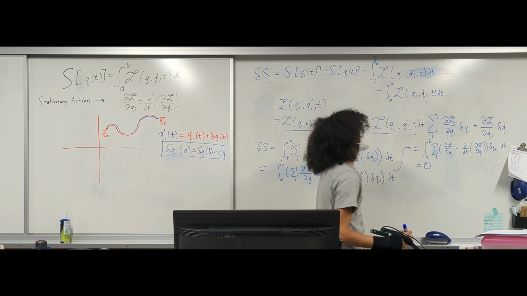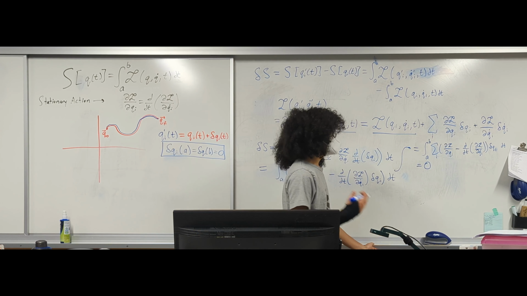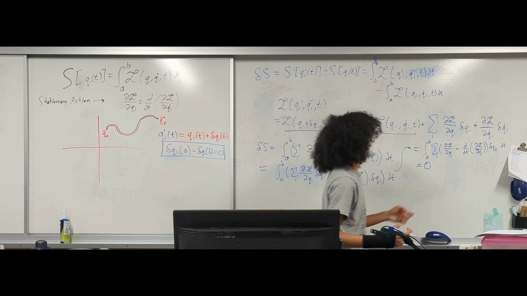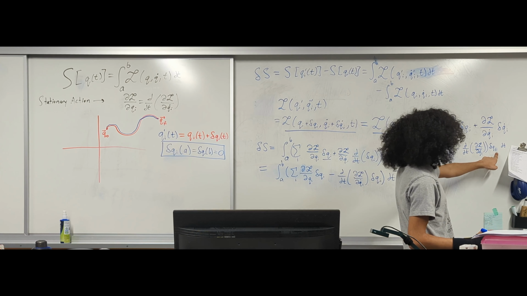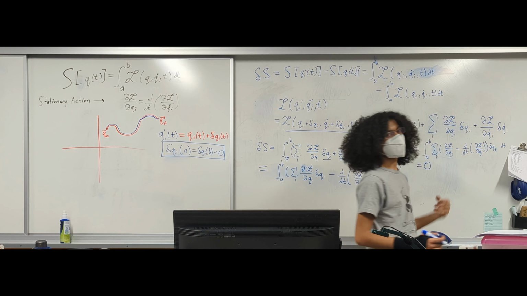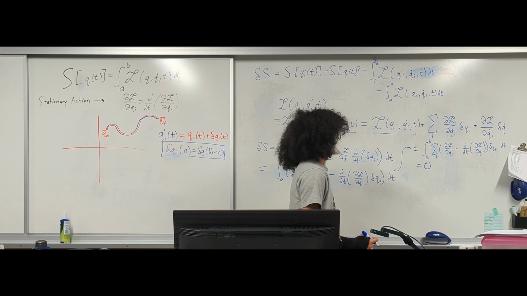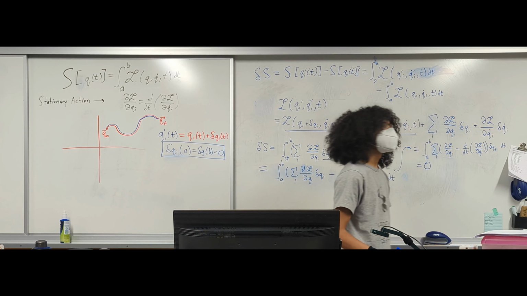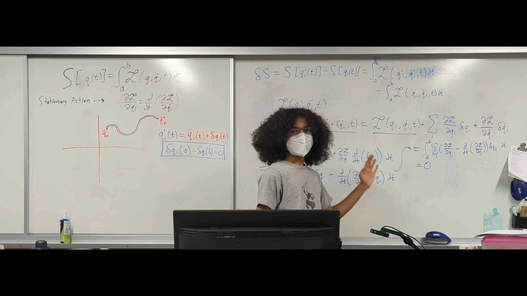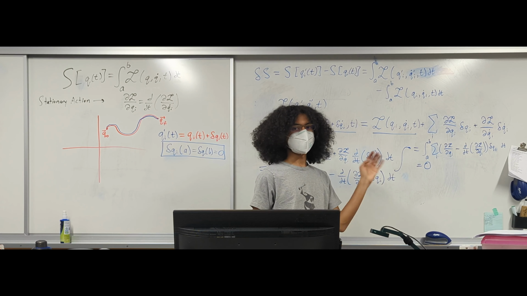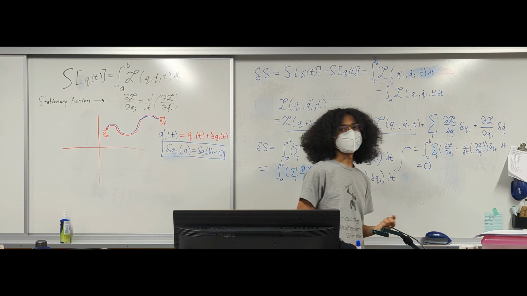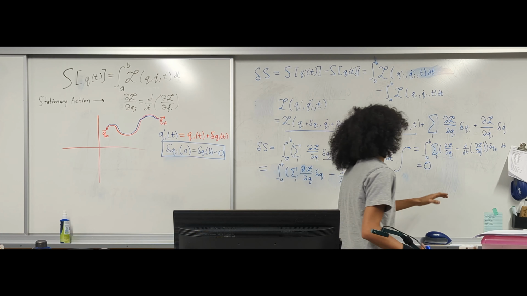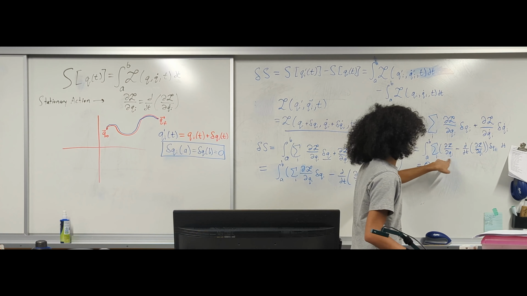But the solution then is to just, for each i, choose a variation of the trajectory where all the other degrees of freedom are not varying, right? So if you're dealing with the first degree of freedom, choose a variation where you're not varying any of the other q's, and then we're just left with that one-dimensional case. And in the one-dimensional case, we know that each of these terms, for each i, has to be 0.